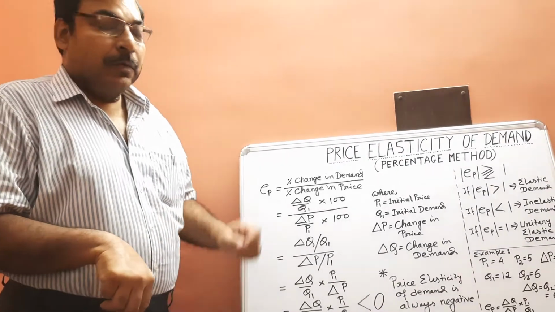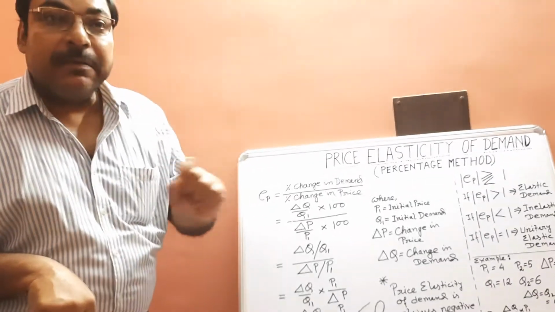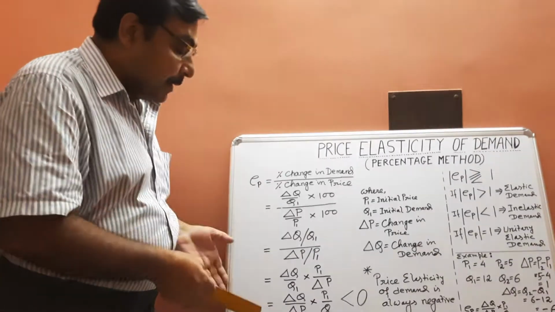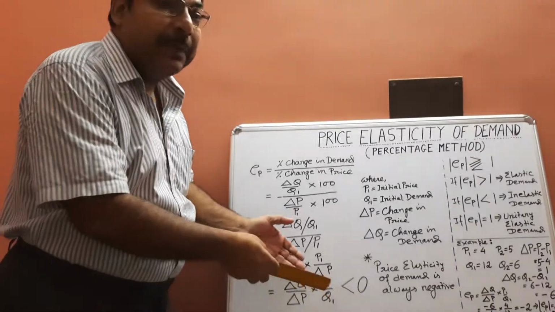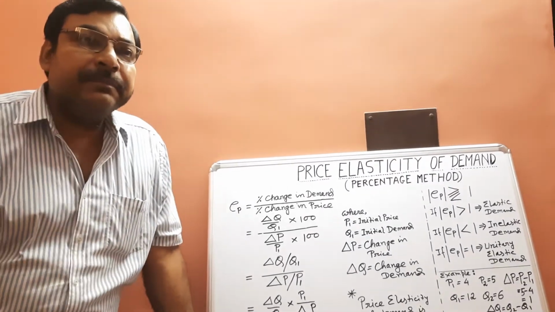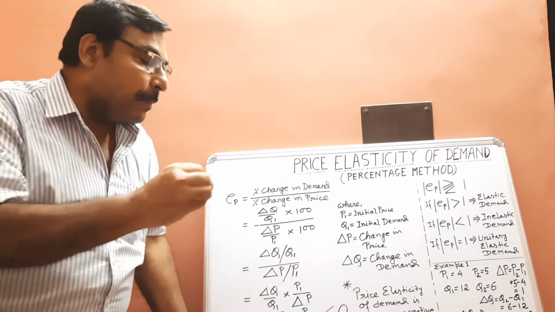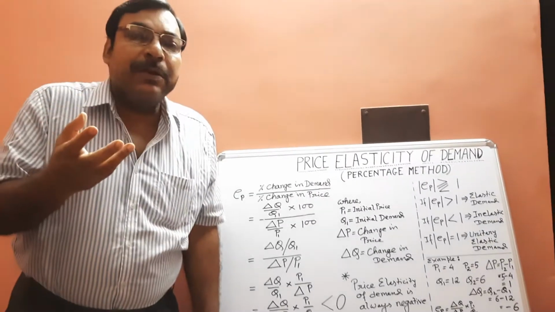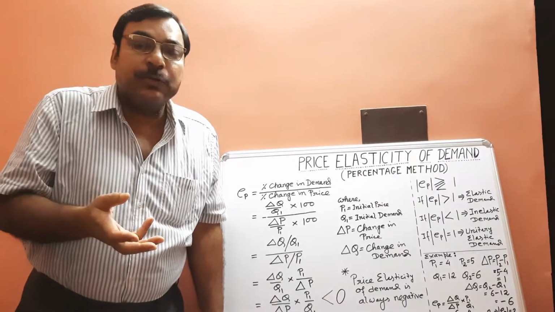Now, whenever you work out numerical problems and calculate the value of EP, the coefficient of EP, you will always see it is a negative term. The value of price elasticity of demand is always negative. It may be -4, it may be -1.5, maybe -2.